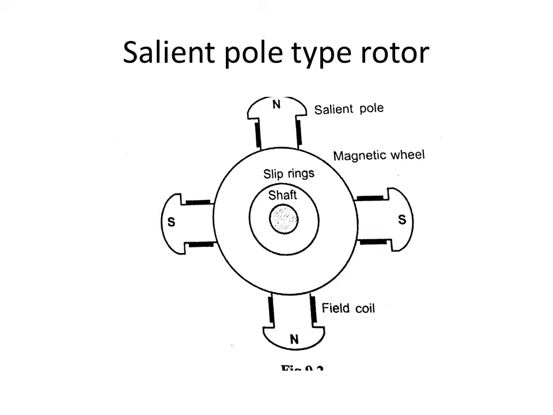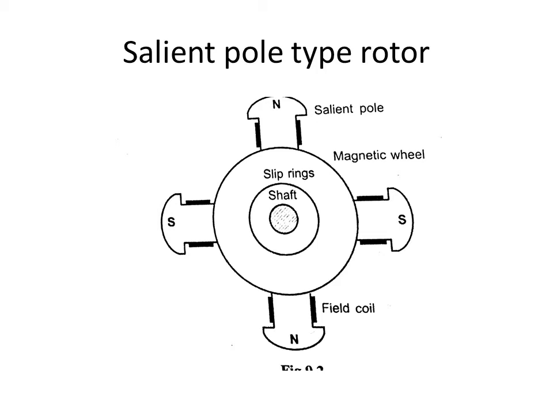In the salient pole or projected pole type rotor, the north-south poles are projected out from the surface. Second, the field winding is on the projected parts. You can see the thick black line represents the field winding on the projected parts.